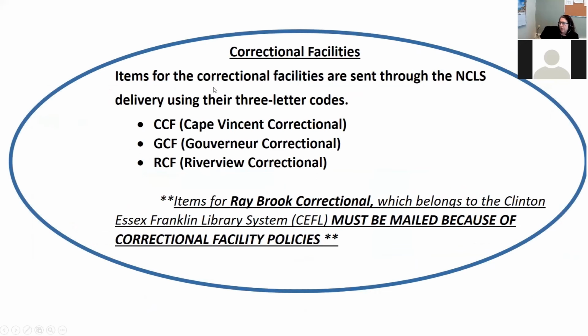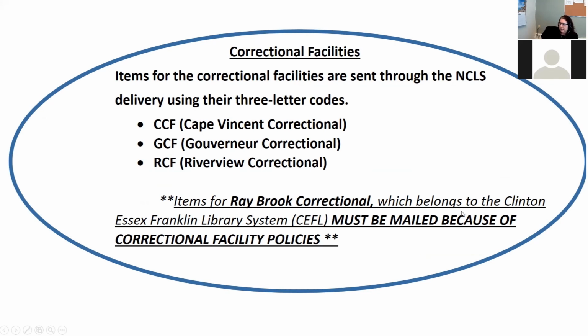Okay, so if you have something that's going to one of the correctional facilities, the Cape Vincent Correctional, Governor, and Riverview Correctional are all sent here to NCLS, and you would just put their 3-letter code on the delivery flag. Put it in your gray tote and send it to NCLS. Sometimes you'll get requests from Raybrook Correctional.